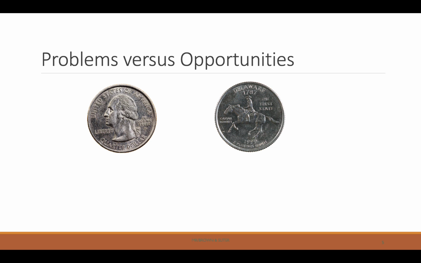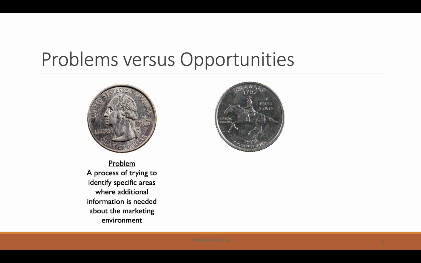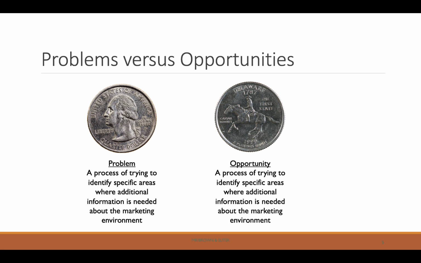So there's 2 different types of research or business problems. There's the problem, meaning you're trying to address something you're not happy with, something that's going wrong. And you need some information to help you understand maybe what the problem is or how to solve it. The second business problem is actually an opportunity. And these are things that you want to be proactive about.